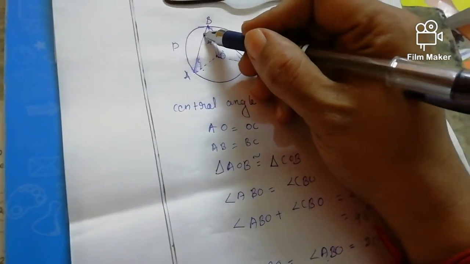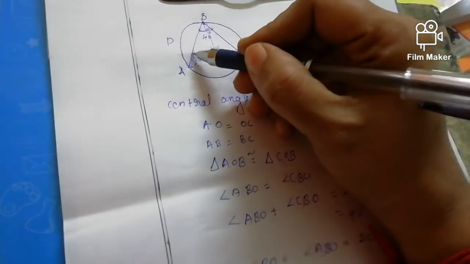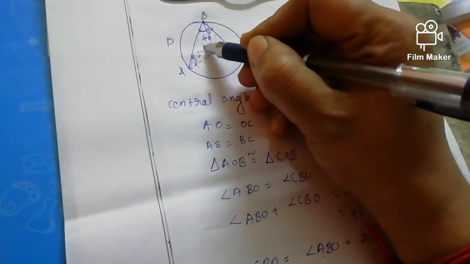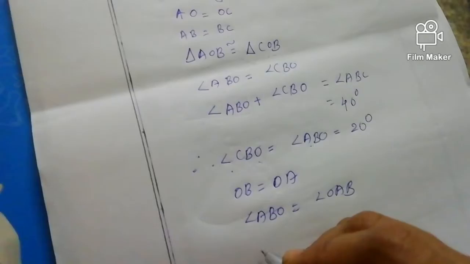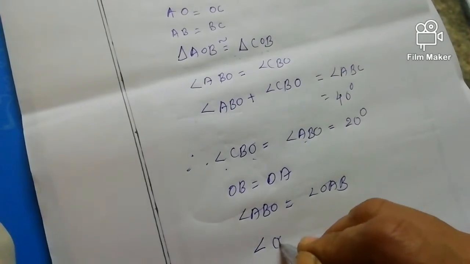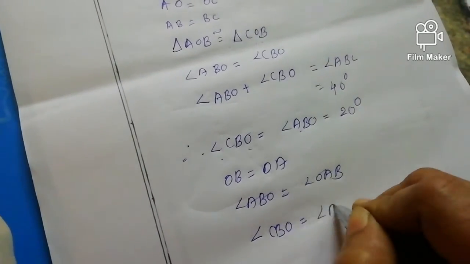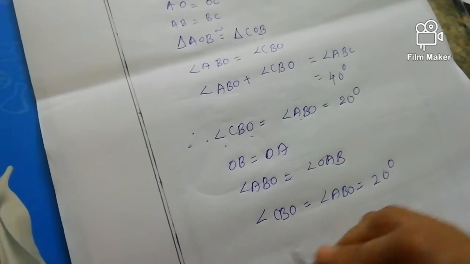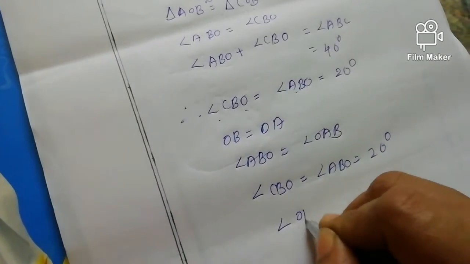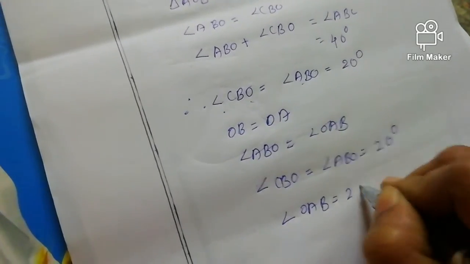So this angle is 20 degrees, and then this is also 20 degrees. Therefore, angle CBO equals angle ABO equals 20 degrees. Using this property, we can write angle OAB is equal to 20 degrees.